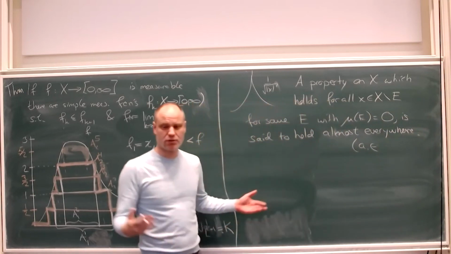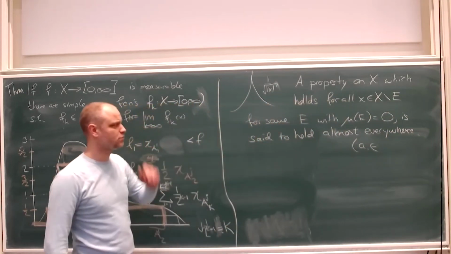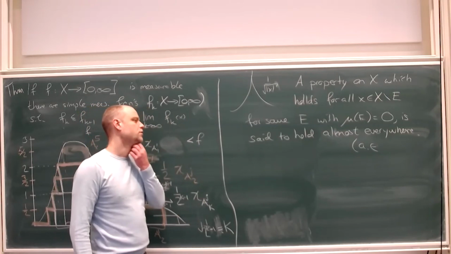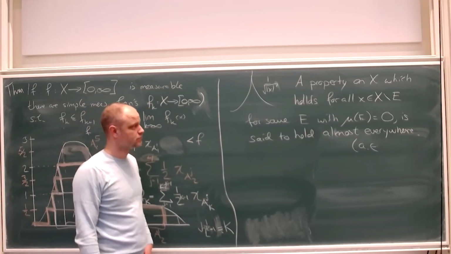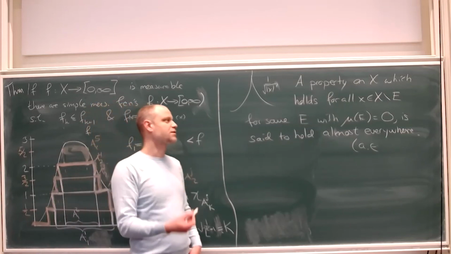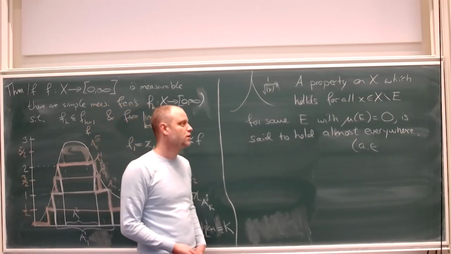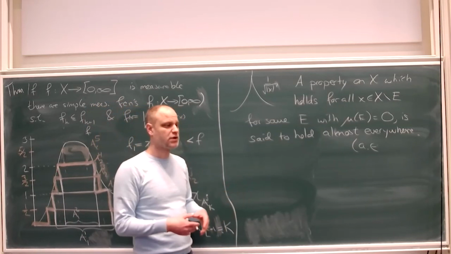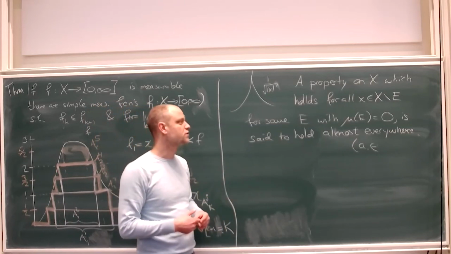Property could be whatever. If we have any measurable space X, a sigma algebra A, and a measure mu, then you can have some property that can be true or false for all points.